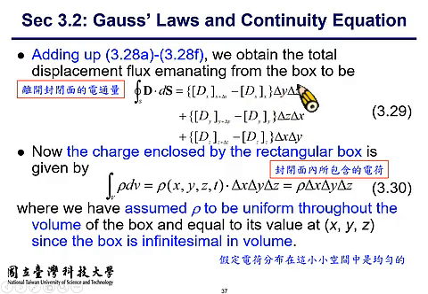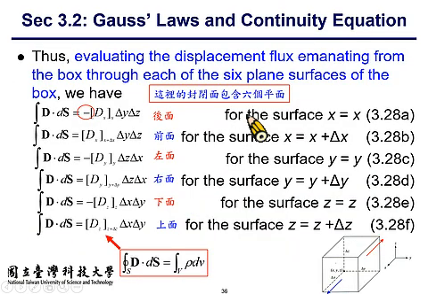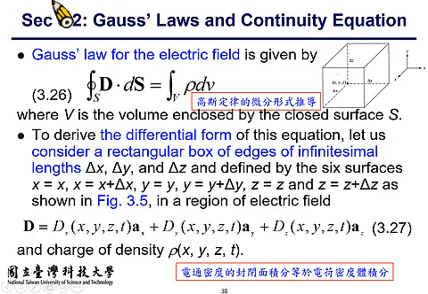The question I would like to ask you is: is this a scalar or a vector? Even though this is written in three terms, they are actually scalars, so they can be added together. Why? Because the surface integral is in the dot product form of the physical quantity, which is a vector, dotted with the surface, which is another vector.